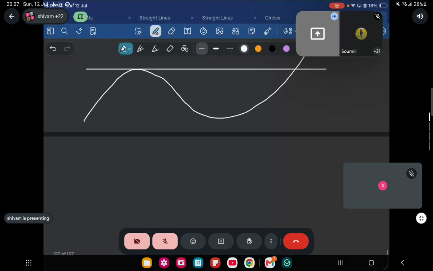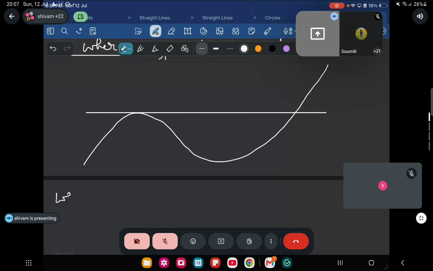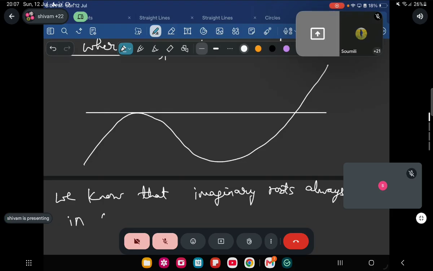Everyone, we know that imaginary roots always occur in conjugate pairs.